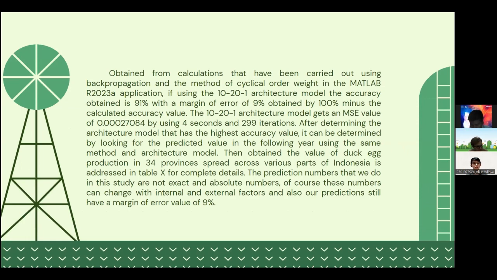After determining the architecture model that has the highest accuracy value, we can find the predicted value in the following year using the same method and architecture model that we used, for 2023. Of course, these numbers can change with intervals and external factors. And also our predictions still have a margin of error of 9%.